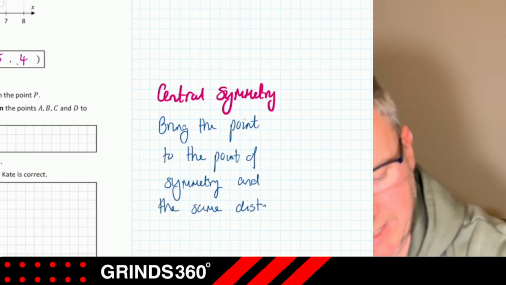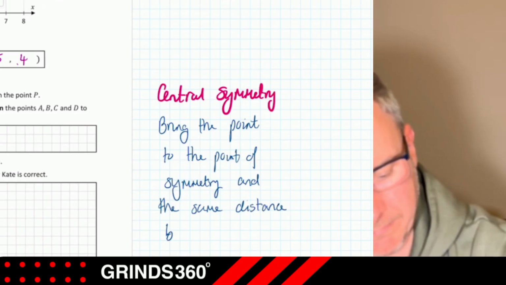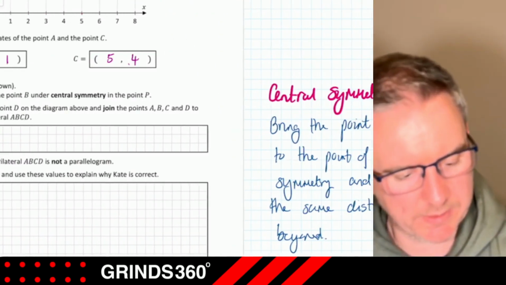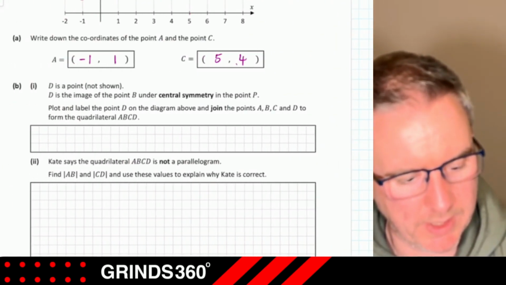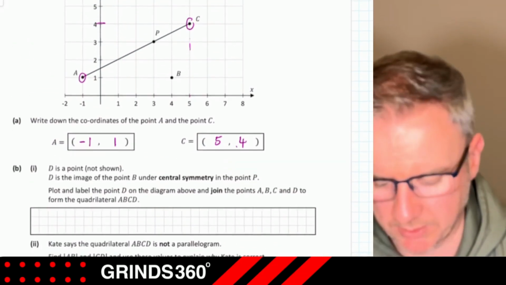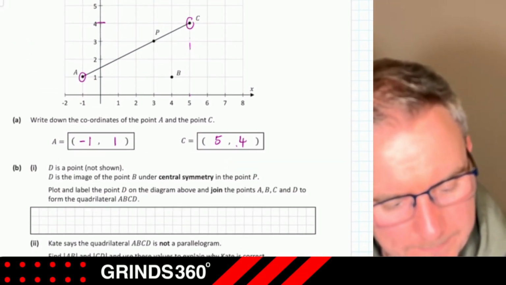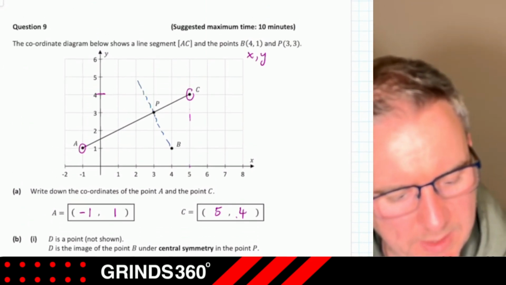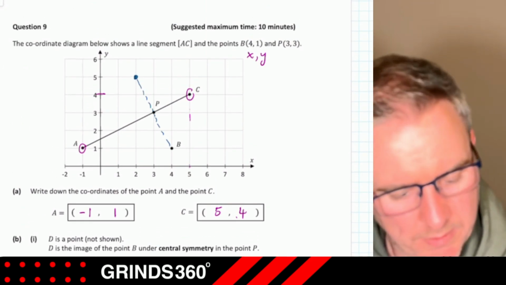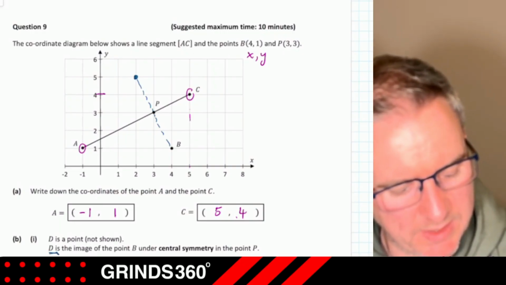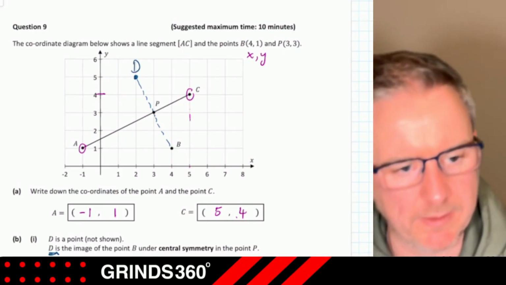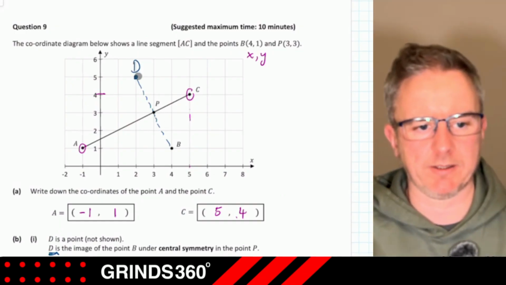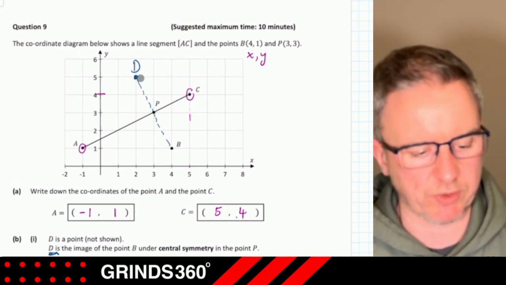So let's look at what that actually looks like. You bring it to the point of symmetry, and you bring it the same distance beyond. So you're going to take your point B, bring it to P, and bring it the same distance beyond. D is the image, so you label that D. That's what central symmetry is.